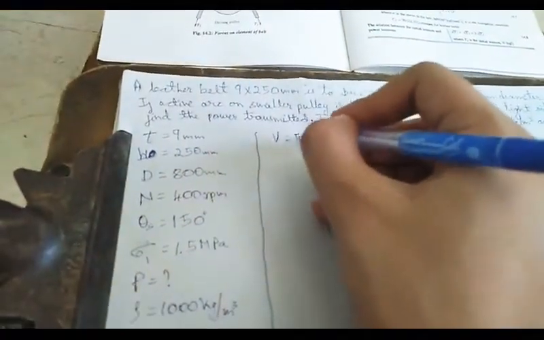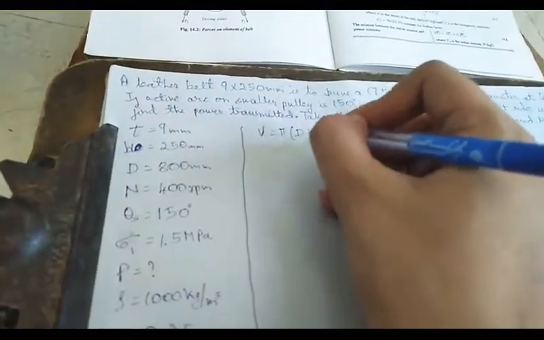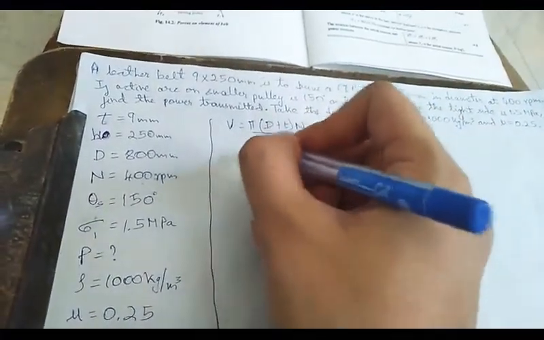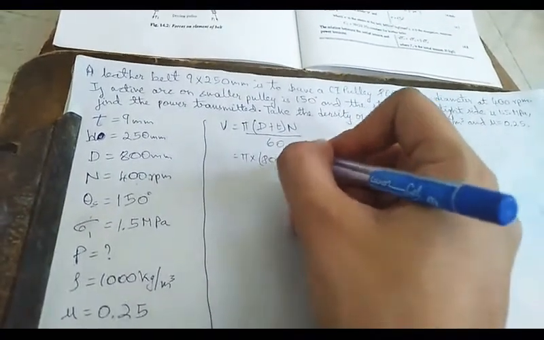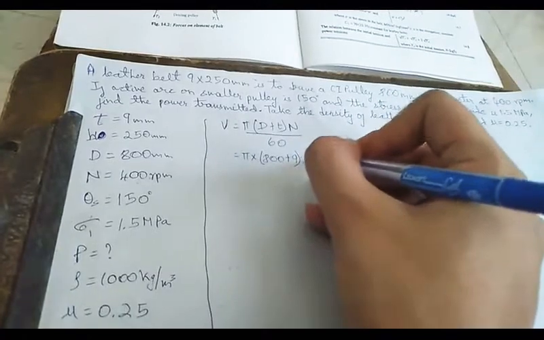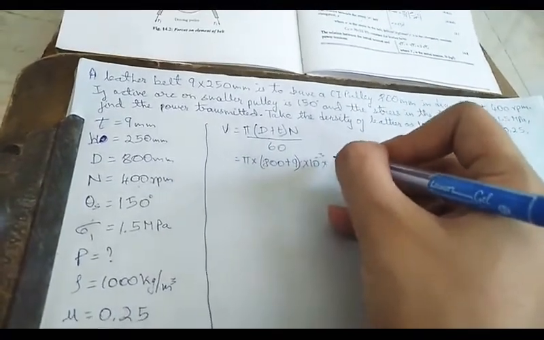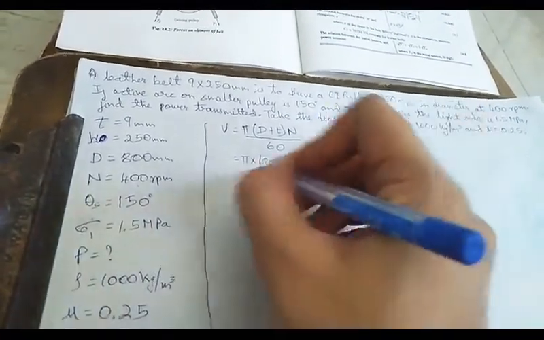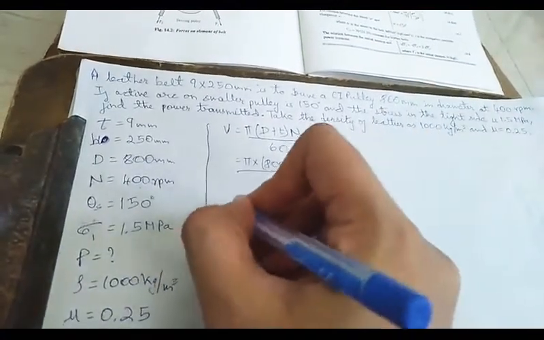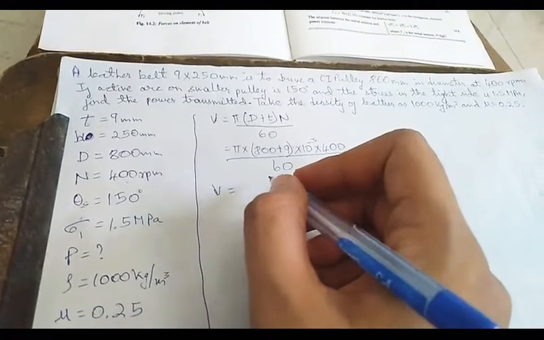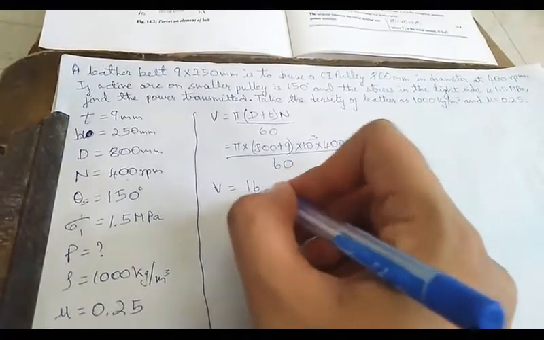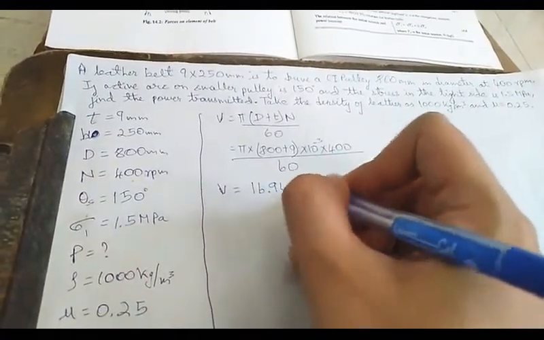So this will become pi into (d plus T) into n by 60. (800 plus 9) into 10 power minus 3 into n is 400 by 60. So velocity we will get the value of velocity as 16.94 meter per second.